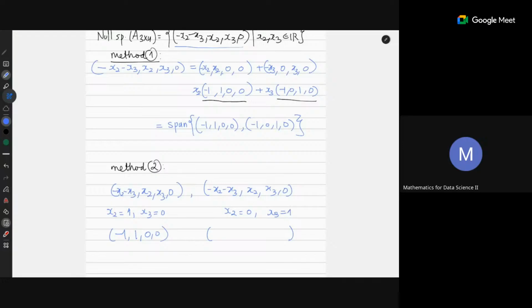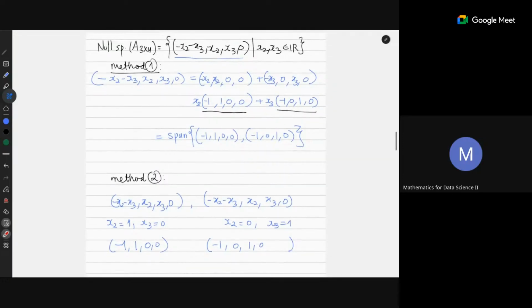So I will get minus 1, 0, 1, 0. All right. So I will get these two basis vectors, which are the same as the ones that I obtained just before. Make sense? The second method is a little bit easier than the first.